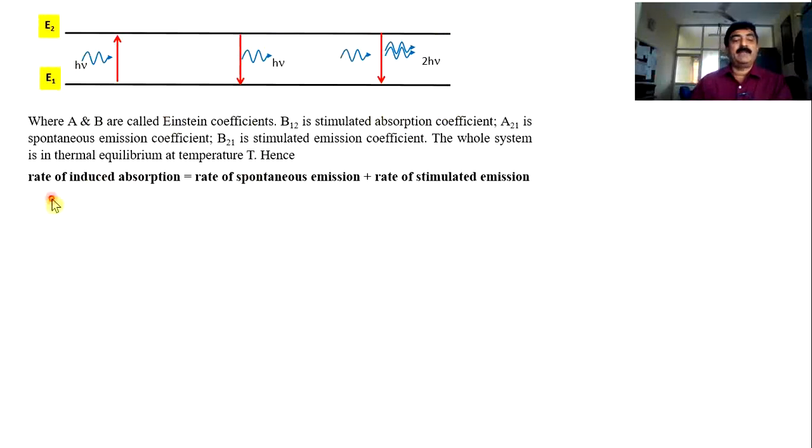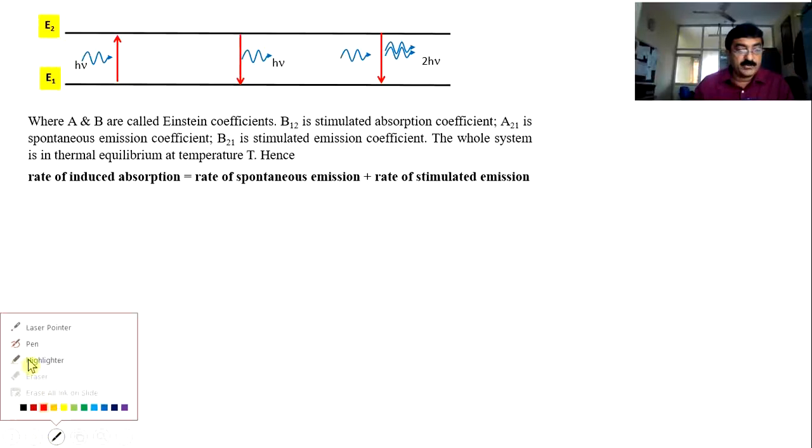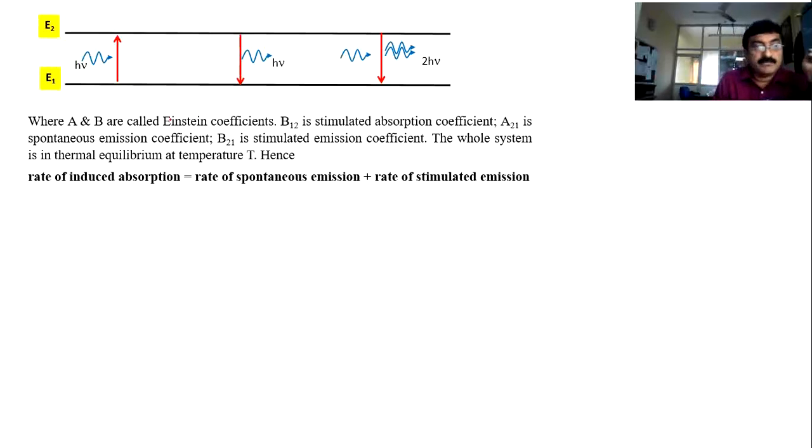Under thermal equilibrium, rate of induced absorption is equal to rate of spontaneous emission plus rate of stimulated emission. Now the derivation starts. So I will substitute the equation for induced absorption. B12 U nu into N1, that is equal to spontaneous A21 N2 plus B21 U nu N2.